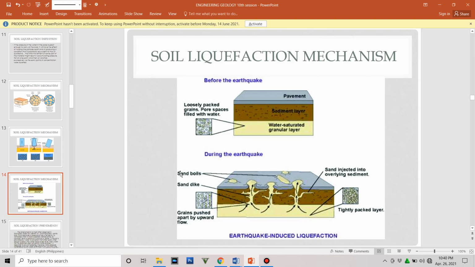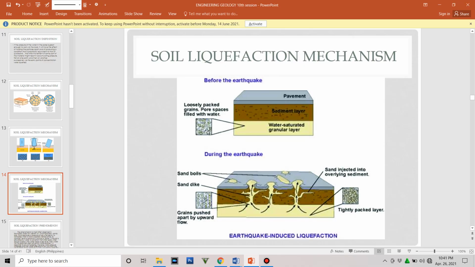So, we can see here, loosely packed grains, pore spaces filled with water. Okay? Before the earthquake. During earthquake, grains push apart by upward flow. So, the loosely packed grains, okay pa lang yan kasi pack pa rin siya.